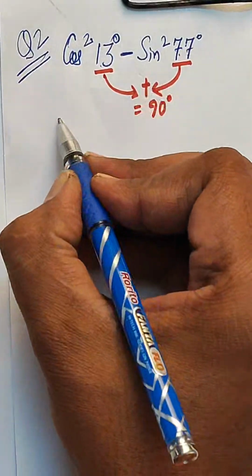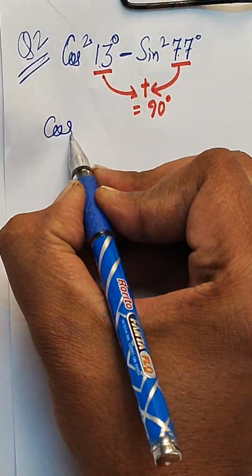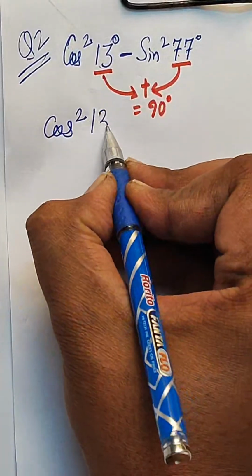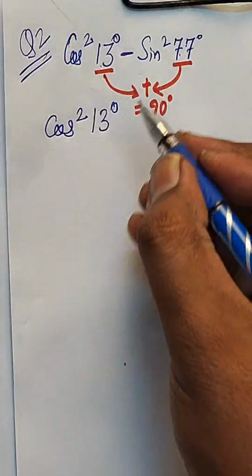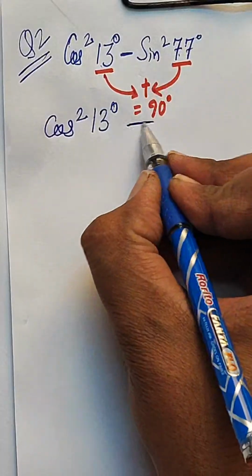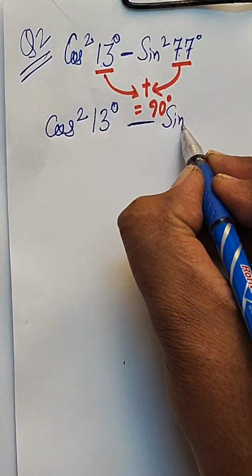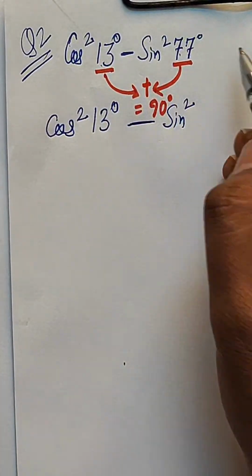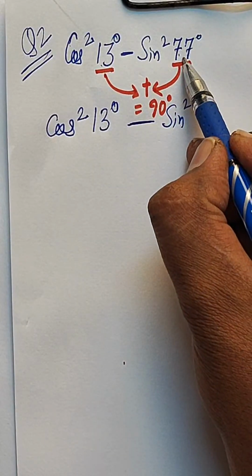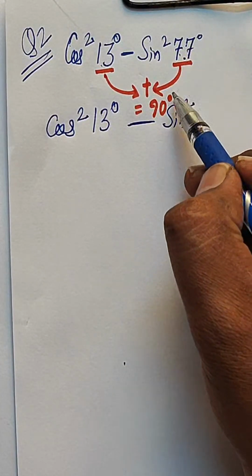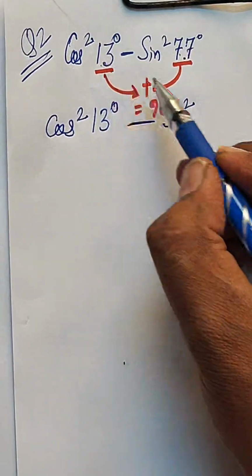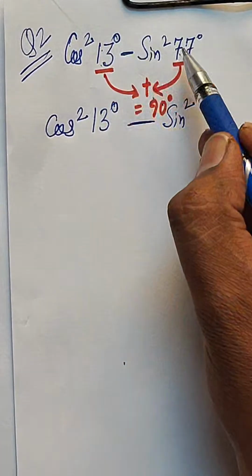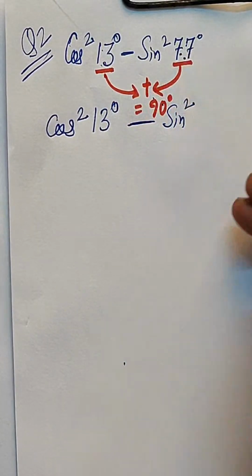Then we can write it as cos square 13 degree, right, minus sin square of not 77, its complementary. Its complementary will be 90 minus 13, which is 77, right?